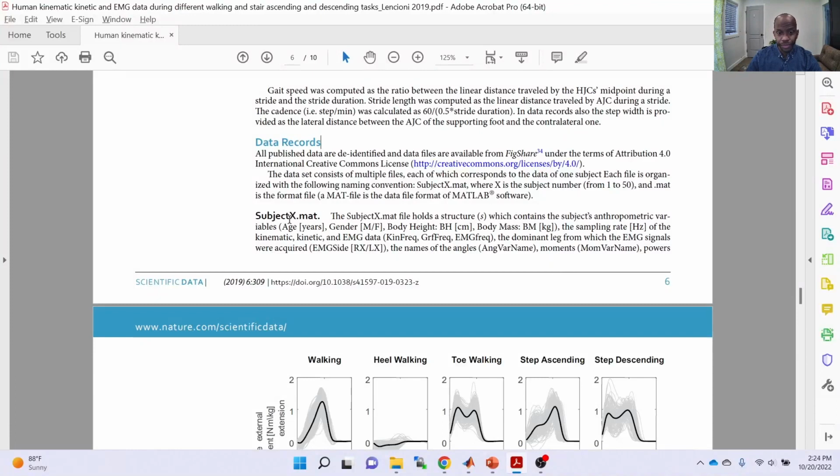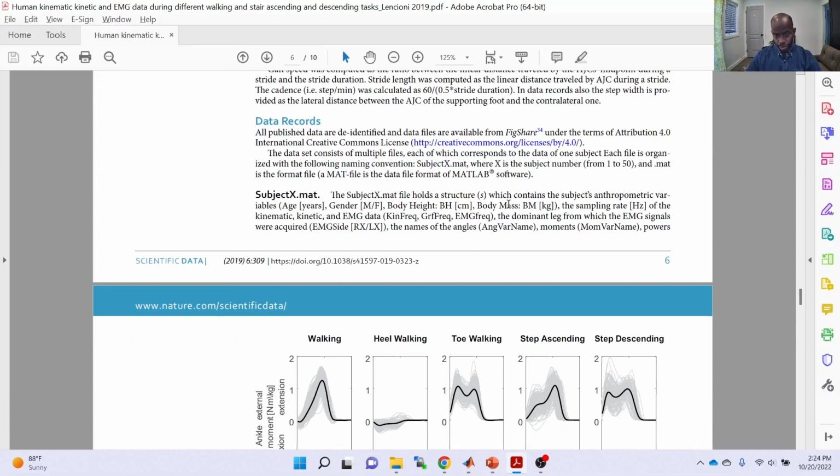The last point on our PowerPoint slide about understanding our data had to do with understanding how the data are organized. And so here, that organization structure is described in the text, where there is a mat file. That mat file contains a structure, which we'll talk about in the next video. And then within that structure, we have all of the following information. So there's demographic information, information related to the measurements themselves, the sampling rate, several different measures, kinematic, kinetic, EMG, and then some data that were processed from those raw measurements.